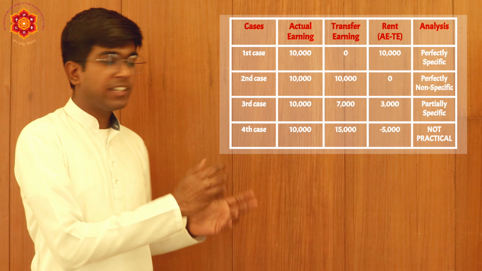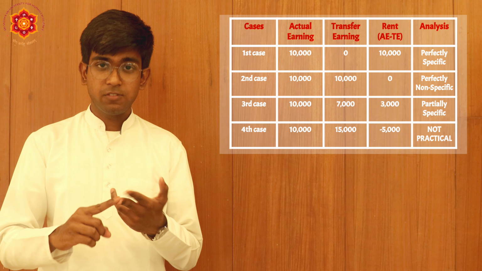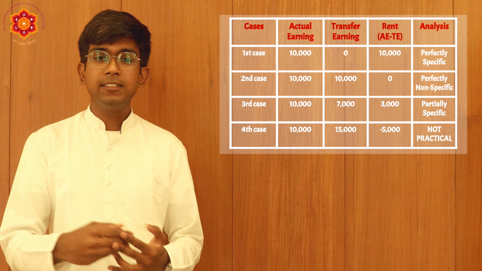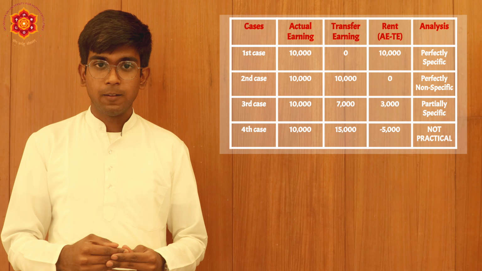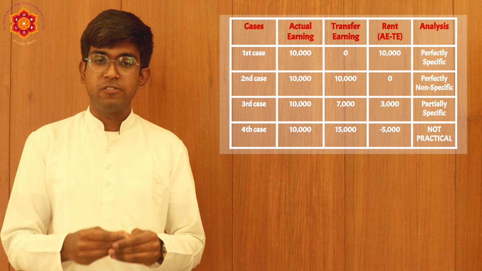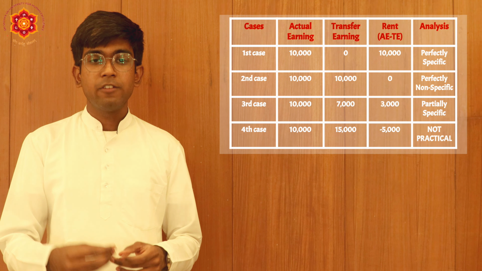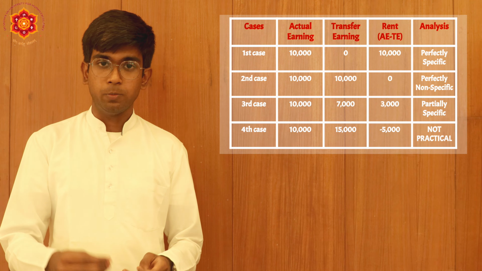So, to give you a deeper understanding of this topic, we have come up with an example of an employee whose actual earning is 10,000 rupees. In this table, as you can see, there are four aspects: actual earning, transfer earning, rent, and the analysis of each of the four cases. In the first case, the actual earning of the employee is 10,000 rupees, and in the second column we have the transfer earning, which is 0 rupees.